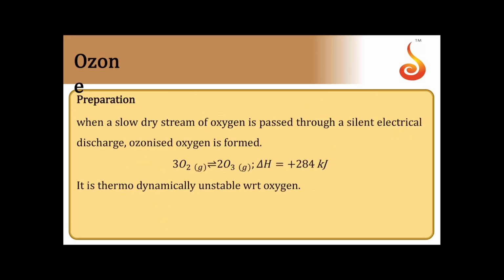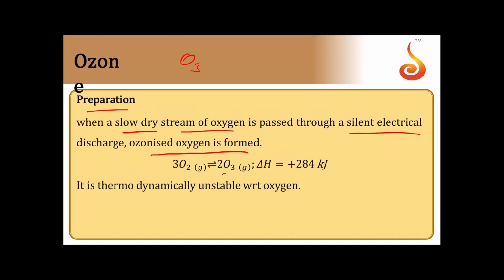Next one, coming towards ozone. Preparation of ozone, that is O3. When a slow, dry stream of oxygen is passed through silent electrical discharge, we get ozonized oxygen. So O2 subjected to silent electric discharge gives O3.